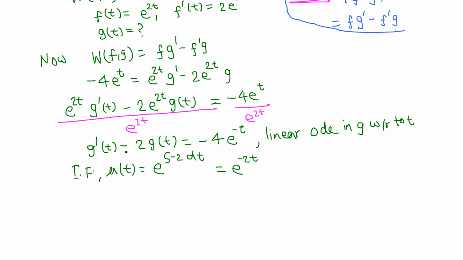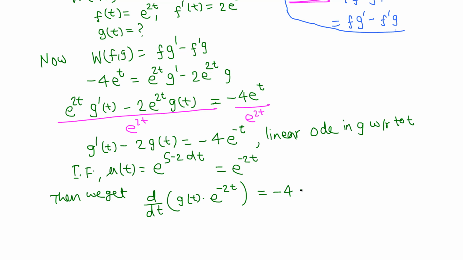Now we multiply this differential equation by the integrating factor. Then the left hand side will automatically be the derivative of the dependent variable g times the integrating factor e raised to -2t, which is equal to the right hand side multiplied by the integrating factor: -4 e to the -t times e to the -2t.